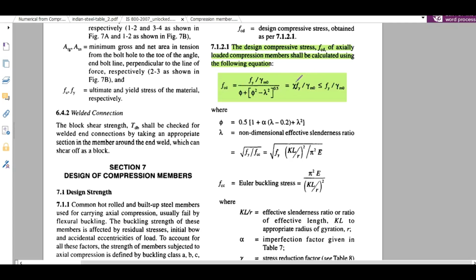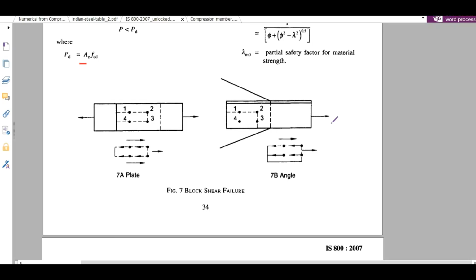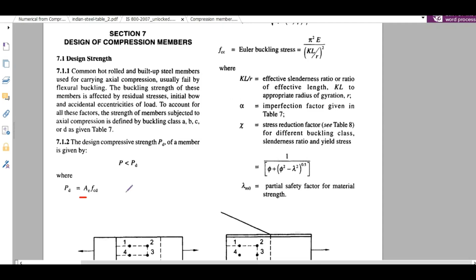Now we can find FCD for the two directions by these equations. The stress reduction factor can be found from this equation or from the table. The third process is that FCD can be found from the table.